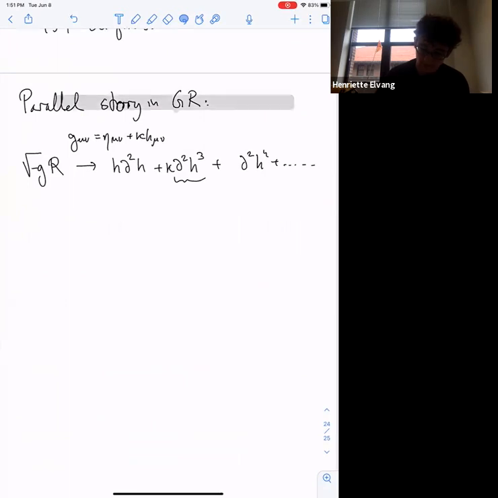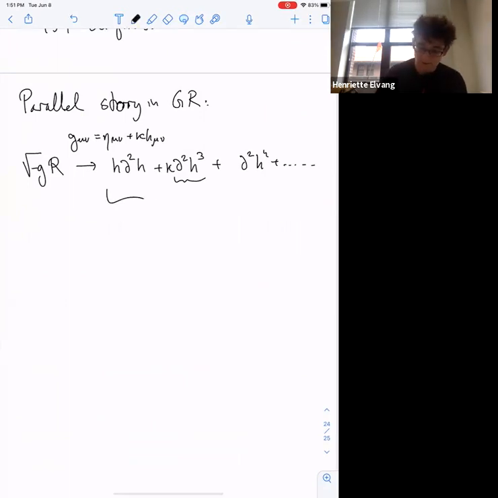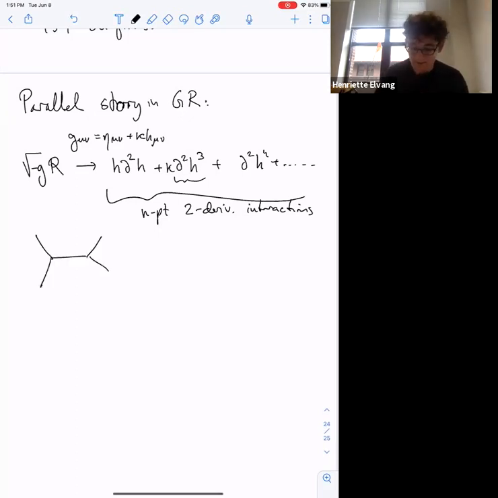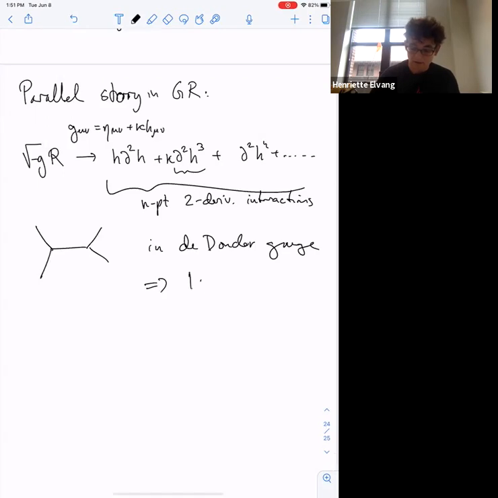There it is. And the point I wanted to say here is that this has n-point derivative interactions for any n. If you try to compute something as simple as a 4-particle diagram like this in the standard de Donder gauge that people use to fix the gauge in gravity as a standard measure, then you find that this is about 1 page of LaTeX.